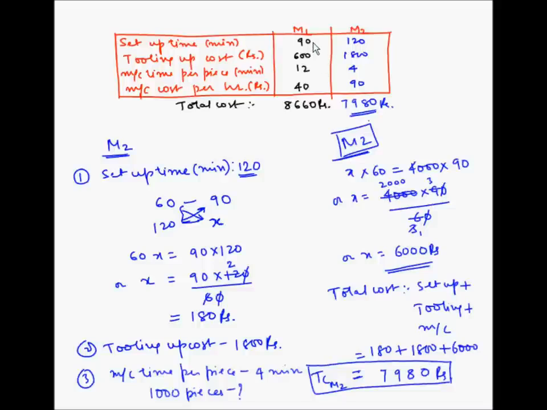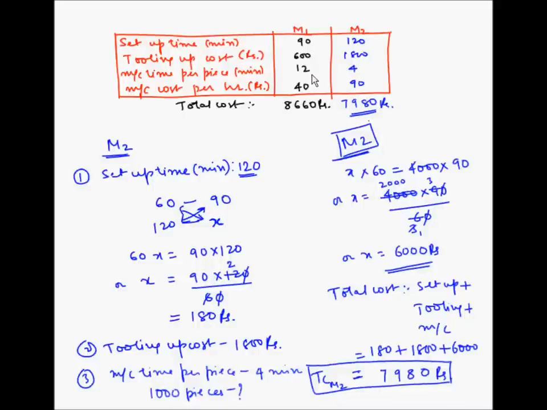So the setup time is lesser for M1 as compared to M2, but that is a very less difference, 90 minutes versus 120 minutes. The tooling up cost is also less for M1, but again the difference is not that huge, 600 rupees versus 1800 rupees.